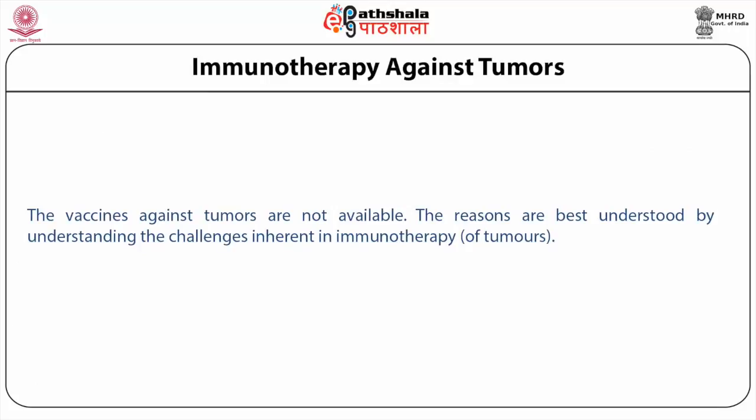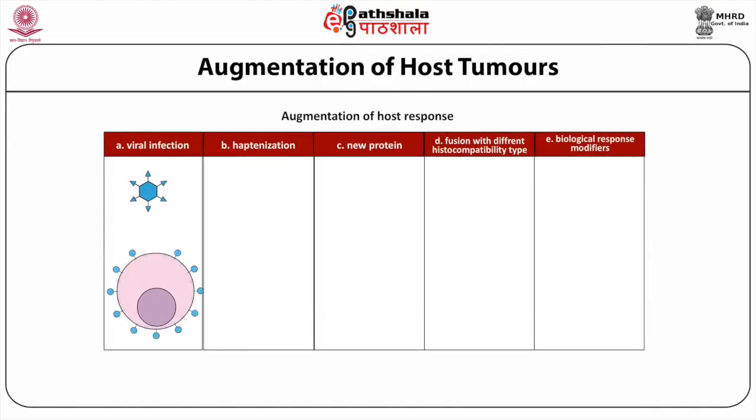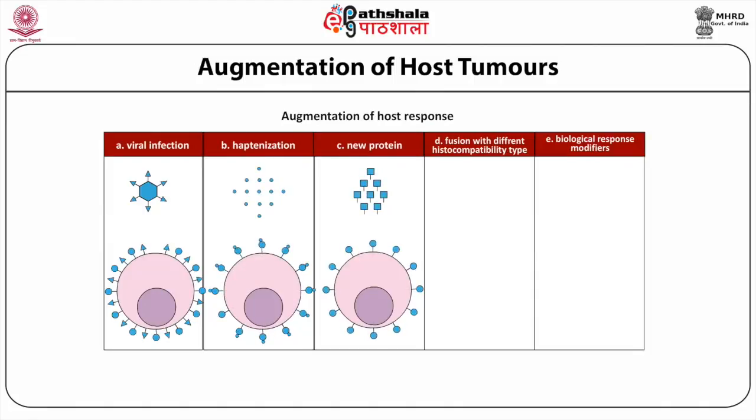The vaccines against tumors are not easily designed. The reasons are best understood by understanding the challenges inherent in the immunotherapy of tumors. Some early approaches to immunotherapy of tumors were aimed at enhancing the response of the host immune response to the tumors.